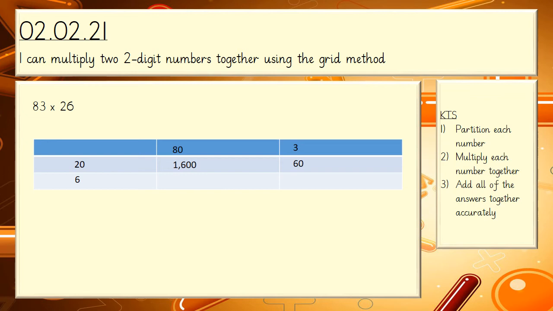What would you get if you multiplied 80 by 6? You'd get 480. And then what would you get when you multiply 6 and 3 together? You'd get 18. So now with those 4 numbers, what are you going to do?